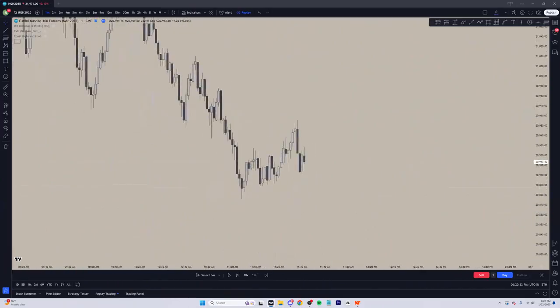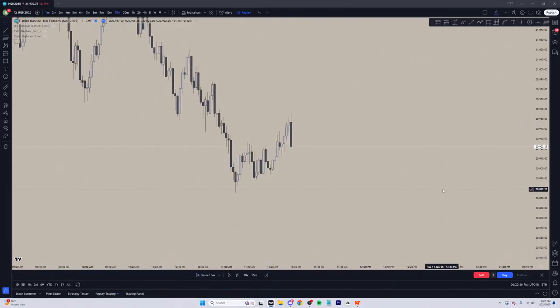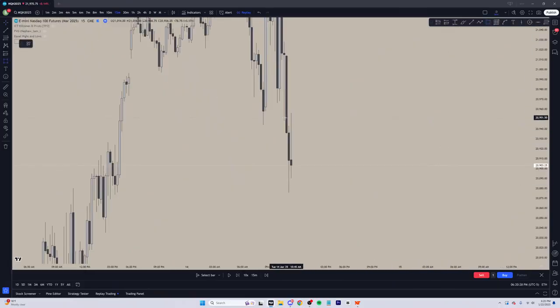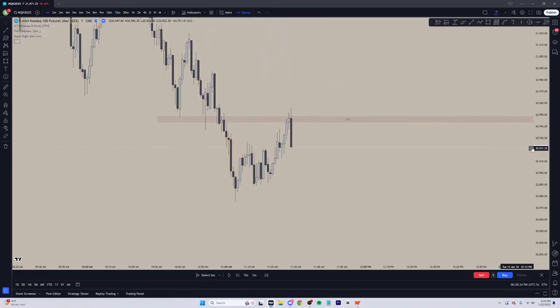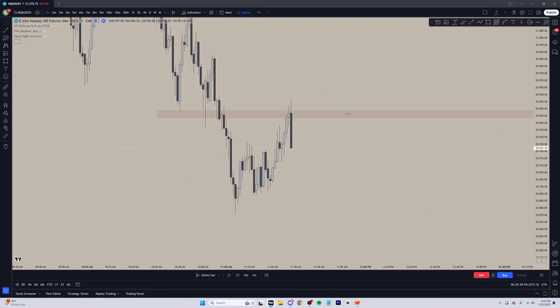Okay, so this is an example of a CISD. Here we trade into this key level, this 15-minute bearish fair value gap. After we hit this bearish 15-minute fair value gap, we have a series of up close candles that swept liquidity.